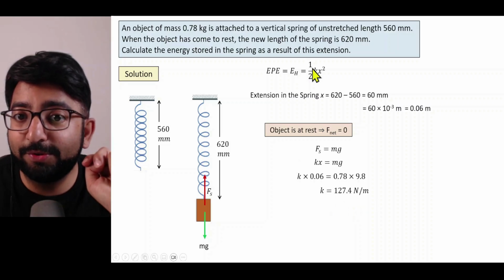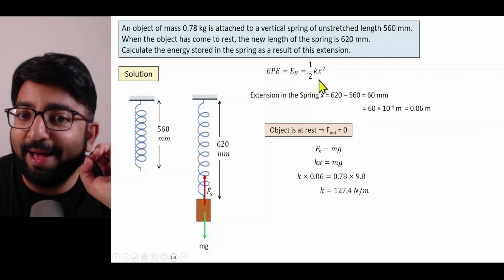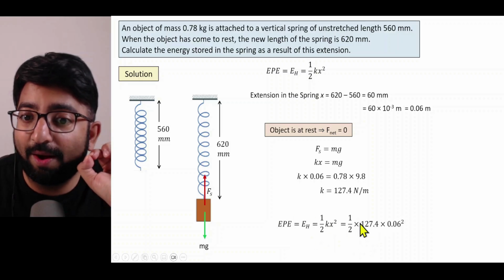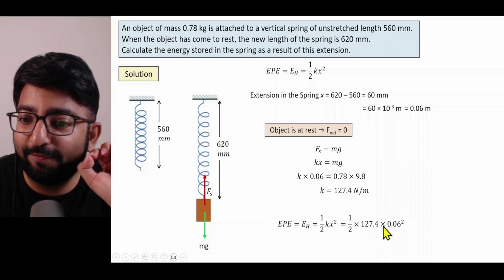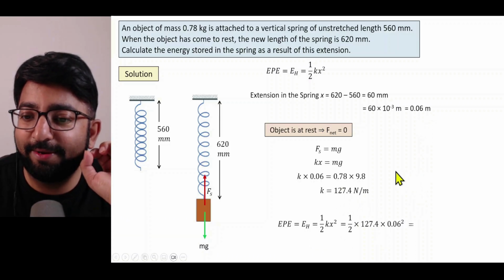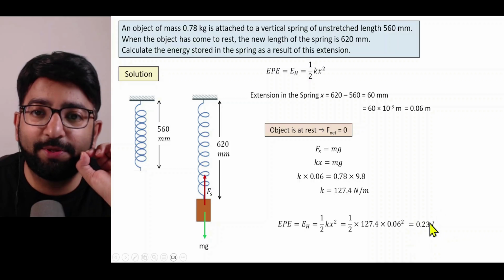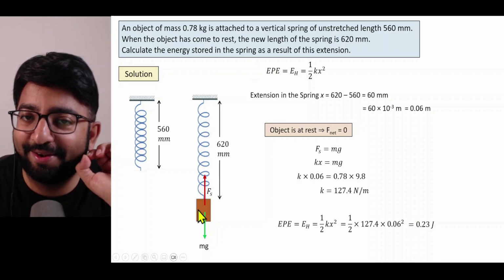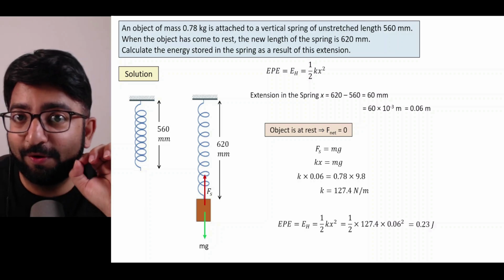Now we have the values of both parameters, k as well as x. So let's write down the formula half kx squared: half, k is 127.4, x is 0.06, and finally we get 0.23 joules as the energy stored in the spring because of this object.